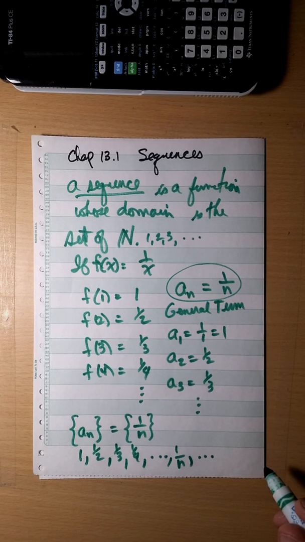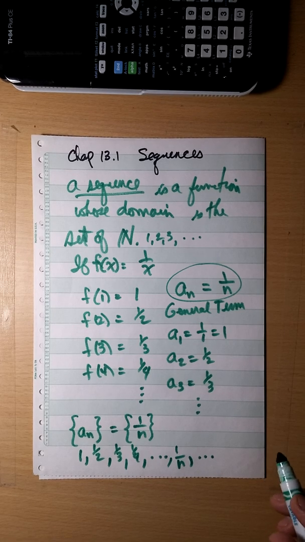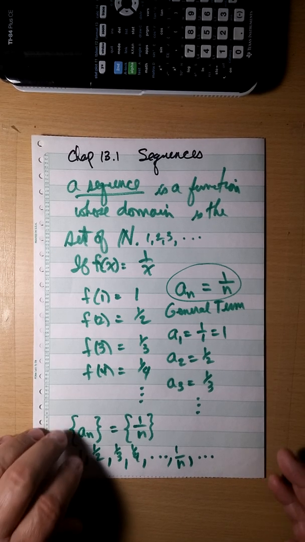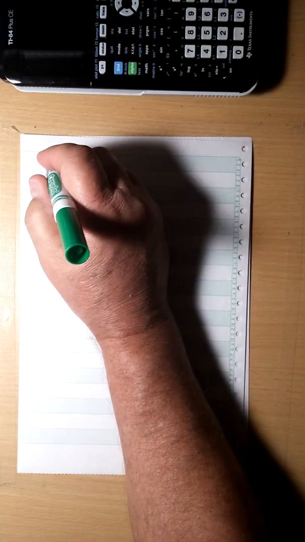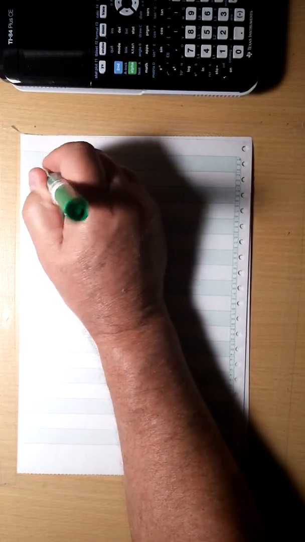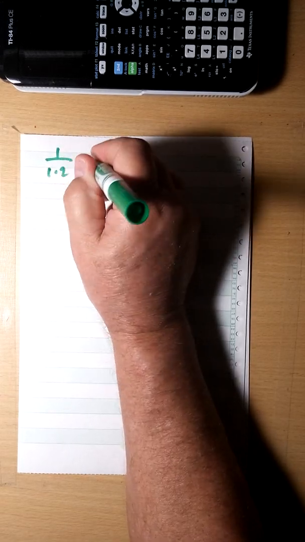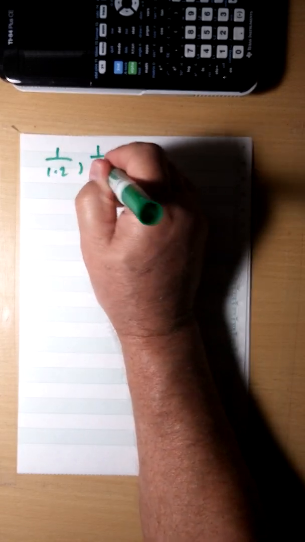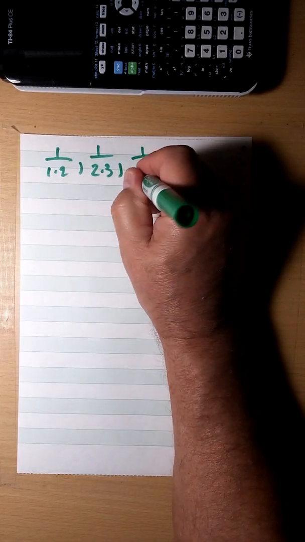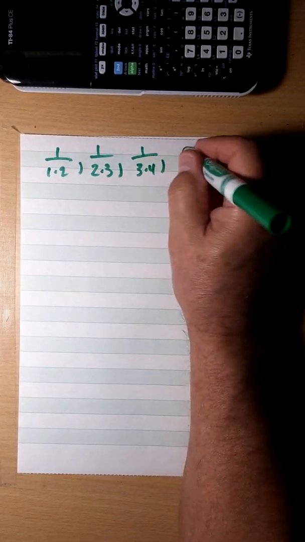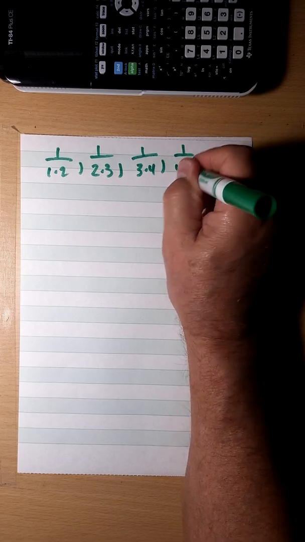So we want in mathematics to determine a pattern, usually. So let's see if we can come up with a pattern for a couple of things. How about if I give you 1 over 1 times 2, and then 1 over 2 times 3, and then 1 over 3 times 4, and 1 over 4 times 5.